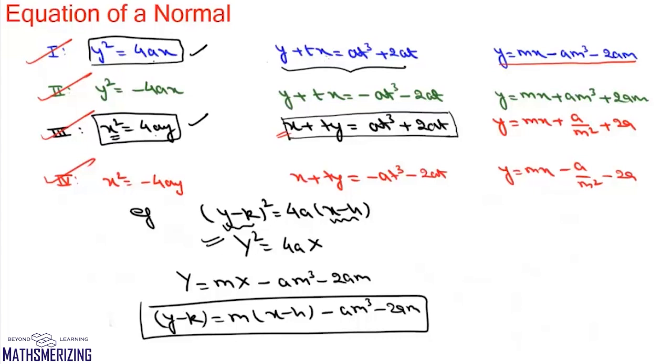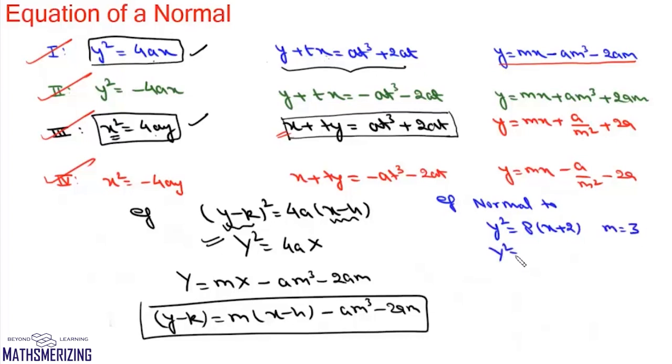So let us take up an example. Suppose we need to find the equation of normal to the parabola y² equals 8(x plus 2) whose slope is say 3 units. Now we'll compare it with the standard equation.